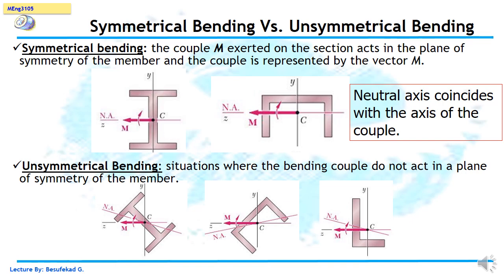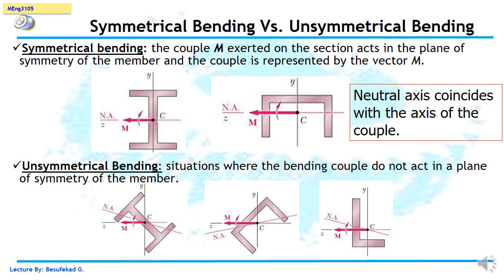The XY plane is a plane of symmetry. The XZ plane is not a plane of symmetry, right? The vertical one, which I call the XY plane, is a plane of symmetry. So the couple is acting on this plane. You see? So that's why we put the vector like this.